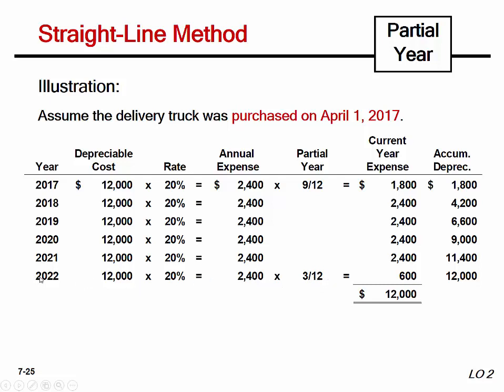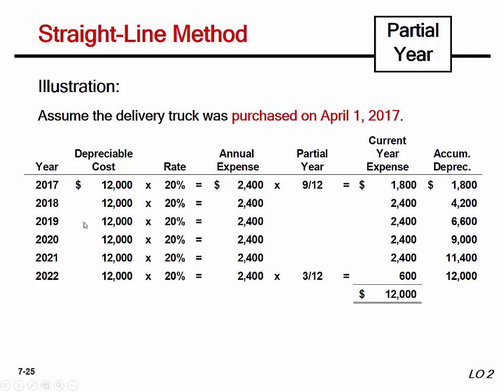So for the first 3 months of 2022, January, February, and March of 2022, we would have those 3 months get some depreciation calculated and spread across those income statements.